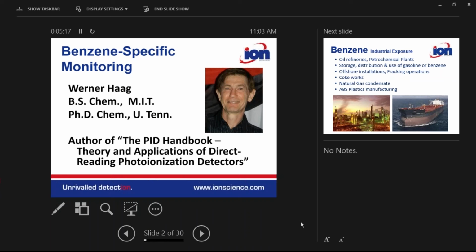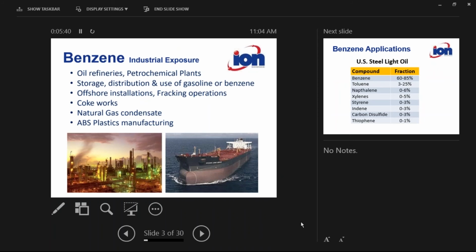The products I'll talk about today are all from Ion Science, but the ones from RAE are somewhat similar, and I helped to build those also. So this talk can be taken as general and not necessarily specific to Ion Science, although there are some particular things that are advantages for this Ion Science product.